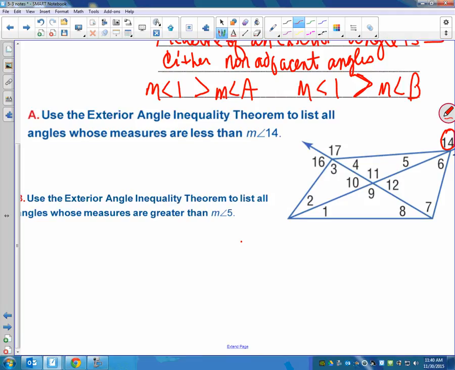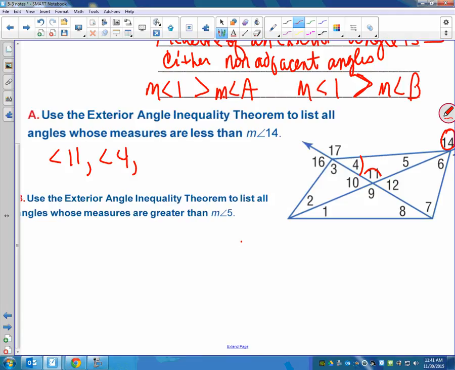So if we use this triangle right here, angle 5 would be the one right next to it. What would be the two angles that we would say have to be less than angle 14 in that same triangle? 4 and 11, because 4 and 11 should add up to give me 14, does that make sense? So I could say, I know for sure, angle 11 and angle 4.